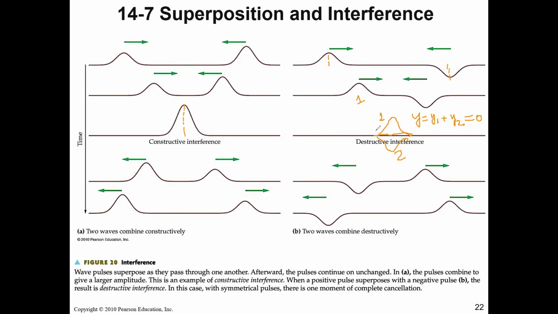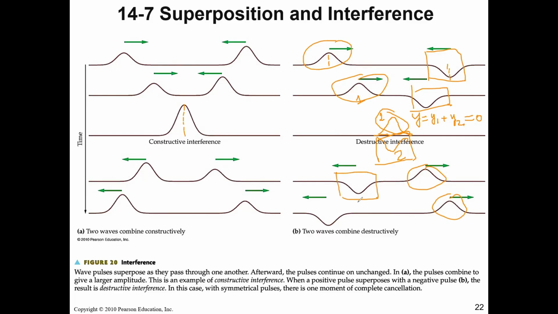But if you give it a little more time, these two waves are still independent. The wave that's moving towards the right is still moving towards the right, and it exists at all times. The wave that's moving towards the left is still moving towards the left. It also exists at all times.